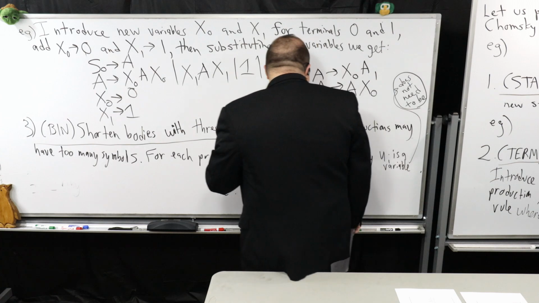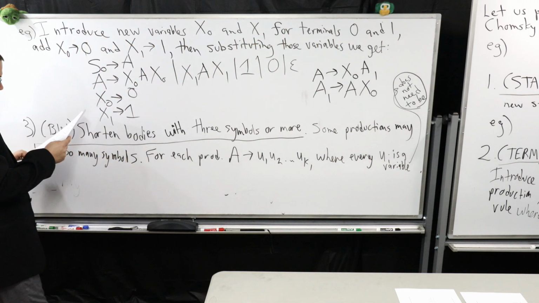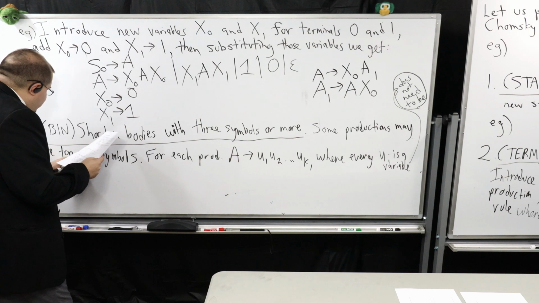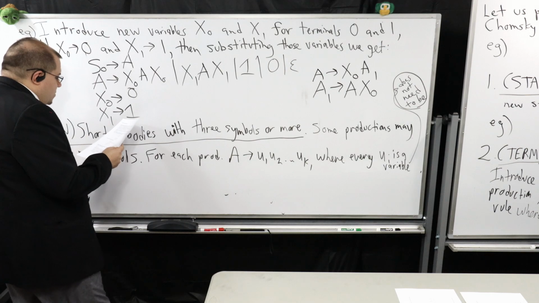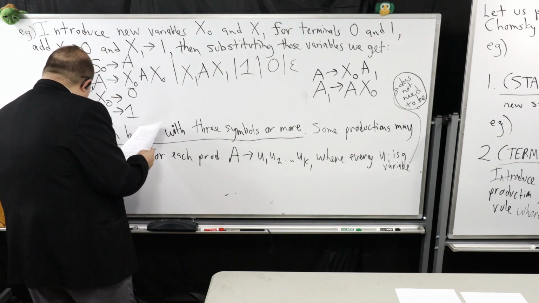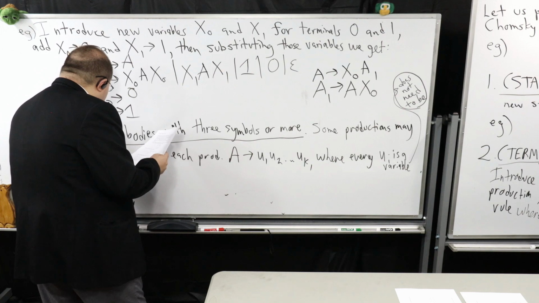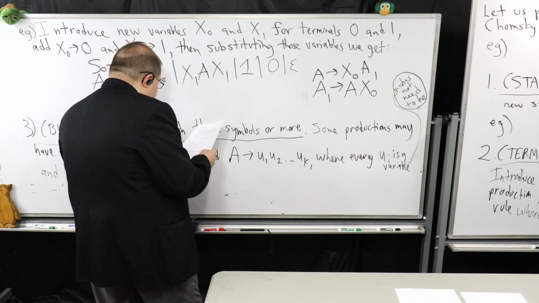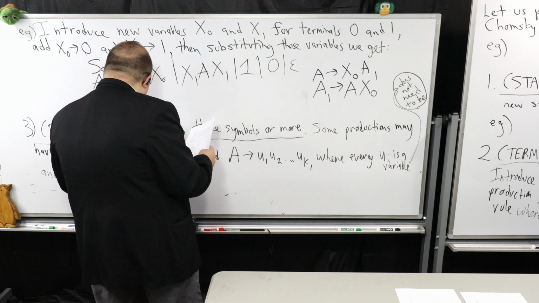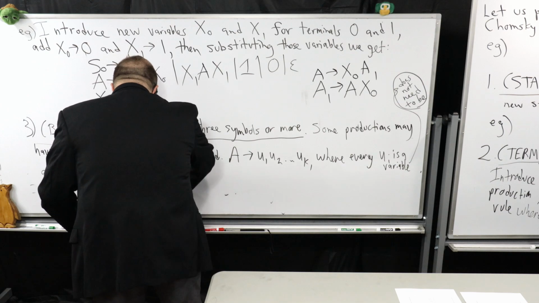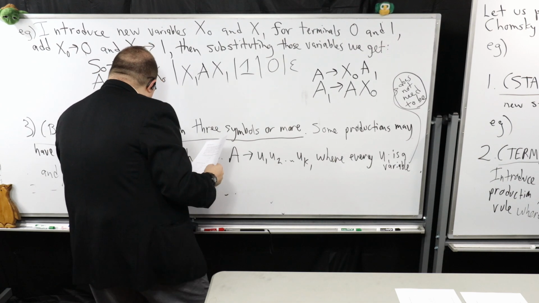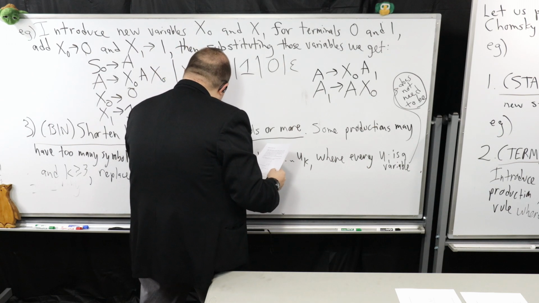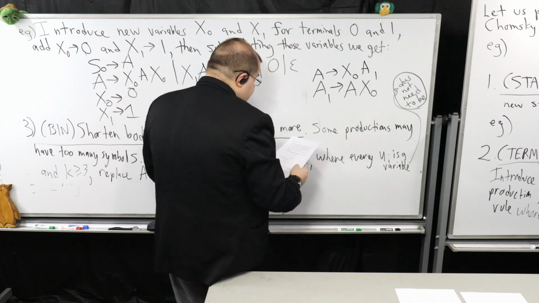So where Ui is a variable, and K is greater than or equal to 3, you're going to replace A produces U1, U2, all the way up to UK with the following.